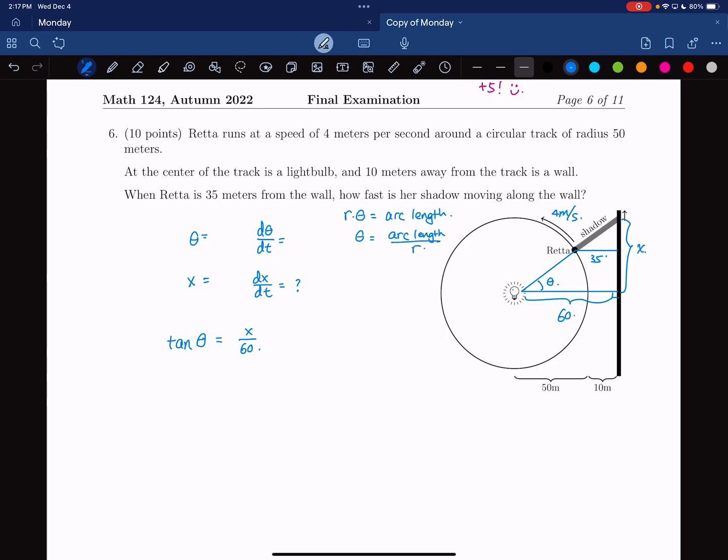Now for this question, the arc length is changing at a speed of 4 meters per second, and r is equal to 50. So if I divide 4 by 50, I get how fast theta is changing. So d theta/dt is the change in arc length divided by the radius r. It's going to be 4 over 50, which is 2 over 25. This is something we learn from this very useful formula for the arc length.